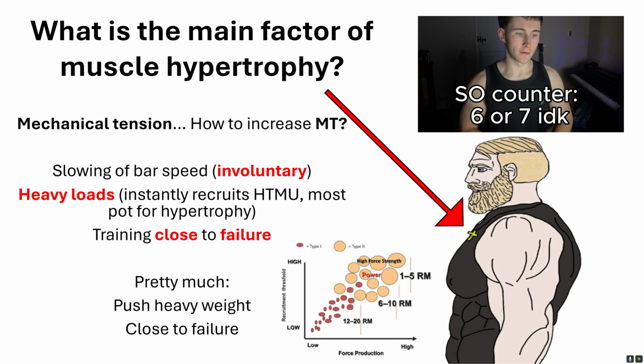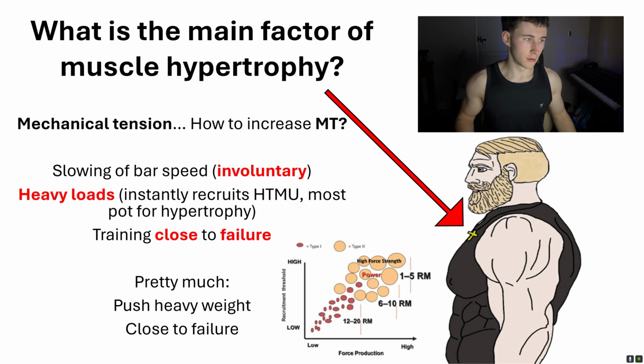So we have low energy requiring exercises. Let's say you're just warming up with a 5 kg dumbbell. That doesn't take a lot of energy, which doesn't take a lot of motor units, because it doesn't take a lot of muscle to move that weight. So it's low. However, heavy loads allow you to instantly recruit high threshold motor units because it's heavy.